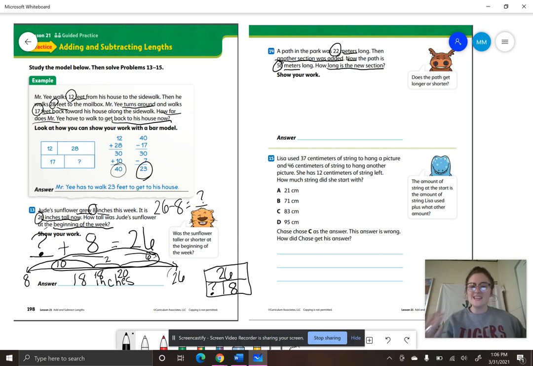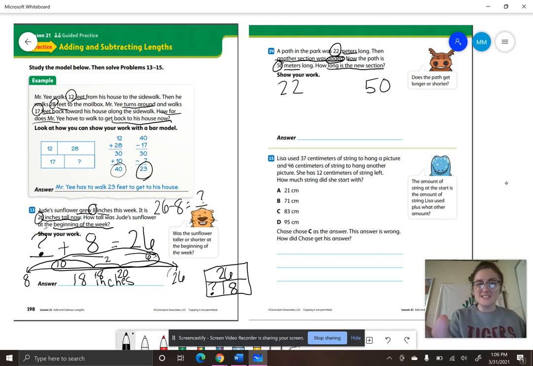So let's think about what kind of equation I could make for this problem. First off, let's look at the important numbers that we circled. Our important numbers were 22 and 50. All right. We know that another section was added. Ooh, so what kind of equation could we make?